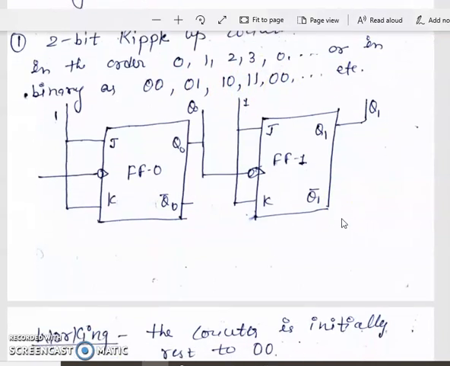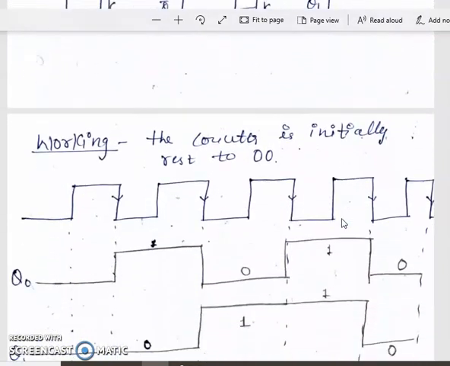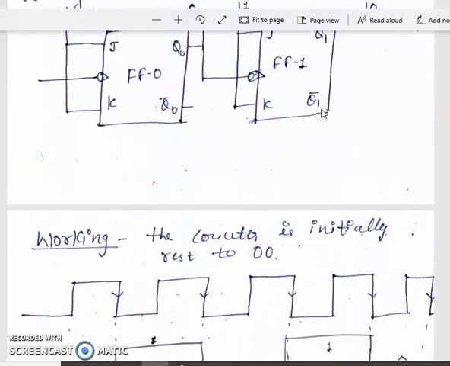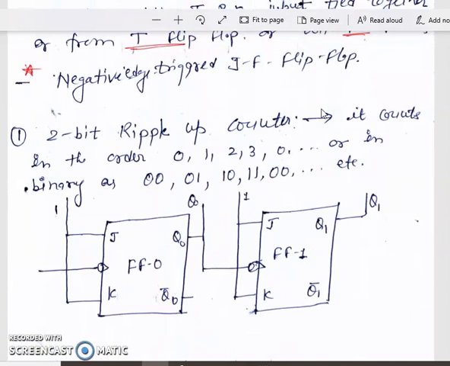Okay, what is the working of this? The counter is initially reset to zero. One thing is also here: whether it is a down counter or up counter depends on the feedback of the output to the next flip-flop.